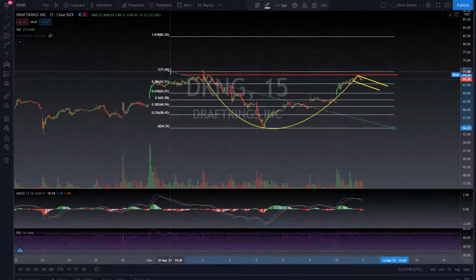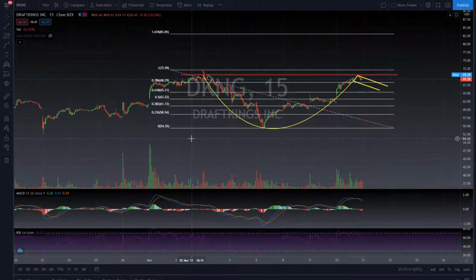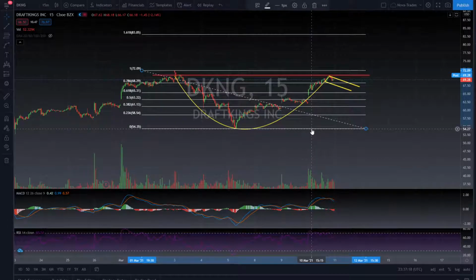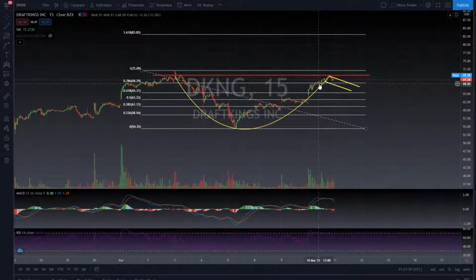We did have really good volume today. Yeah, I wouldn't count it out that we could drop down right here to about 68.29. We do have some support built up right here, right on it.